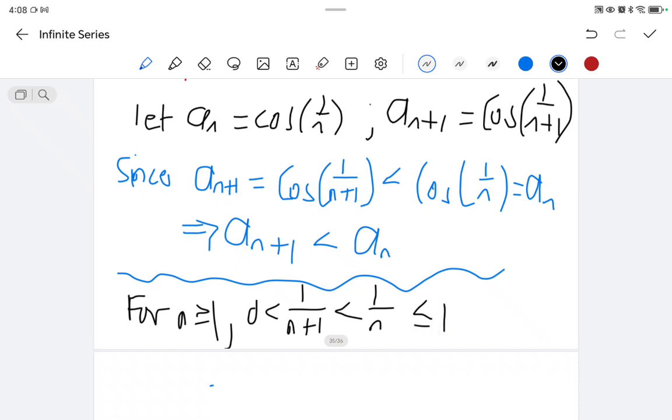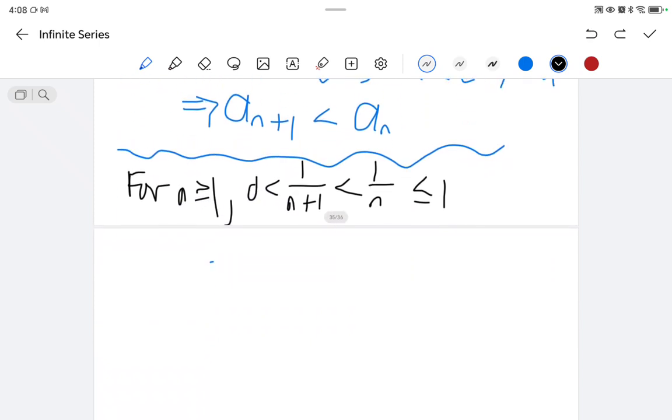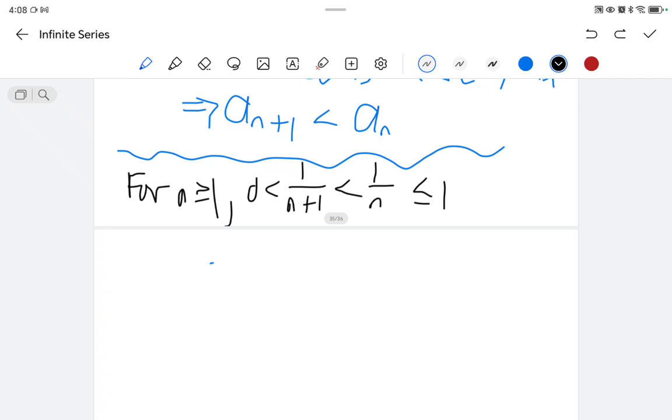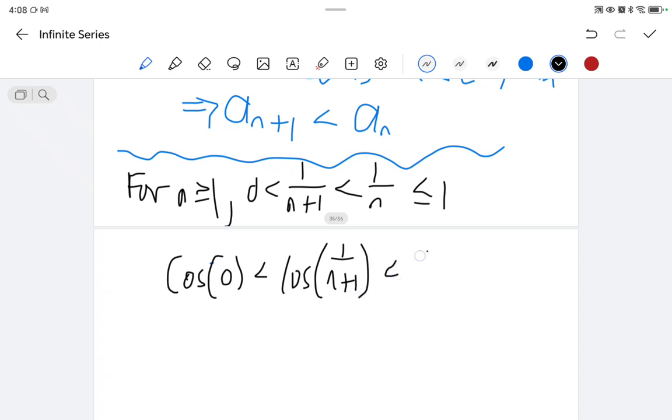If I have this, I can come and put the cos. If I include cos, this would be cos of 1 over n plus 1 less than cos of 1 over n less than cos of 1. But I'm interested in this.